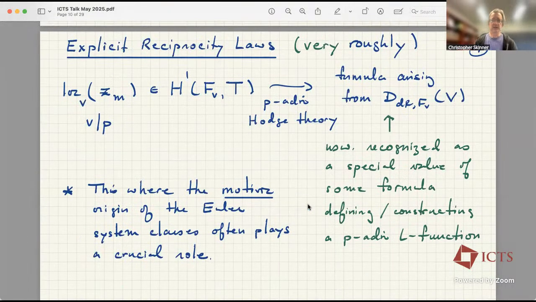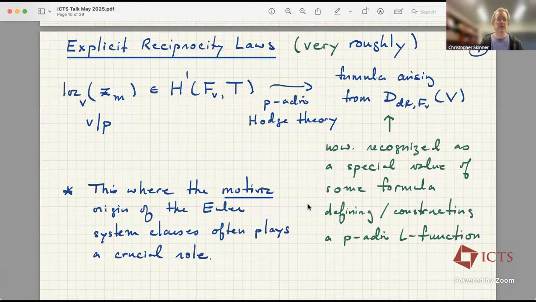And this, as I said, goes via what we call explicit reciprocity laws. So if the method of Euler systems makes use of the properties of the classes at the primes different from p by adding these auxiliary primes s into the picture, the explicit reciprocity laws really zero in on what's happening at the primes above p.